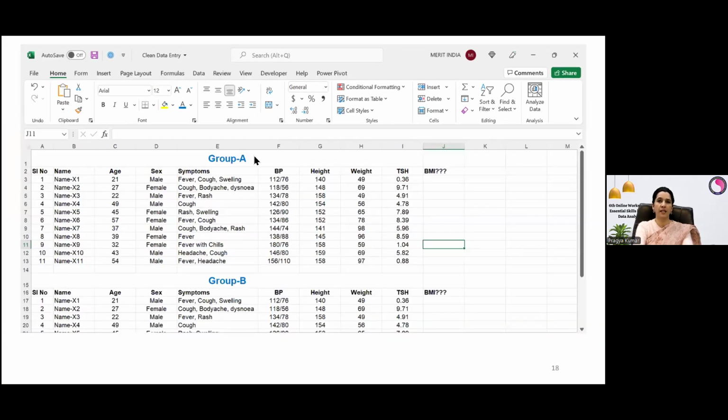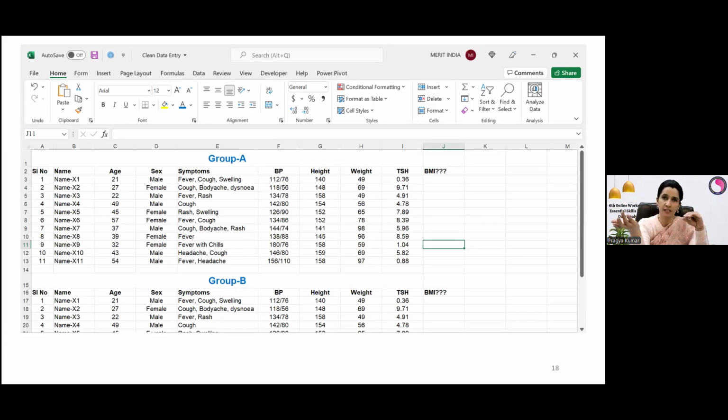Now we have sent that resident saying that please bring both these sheets together. Remember the analogy of two teams playing a match in two different fields. Then the match is not possible. Similarly, if you enter your data in two different Excel sheets, group A in one and group B in another, the analysis is not possible.